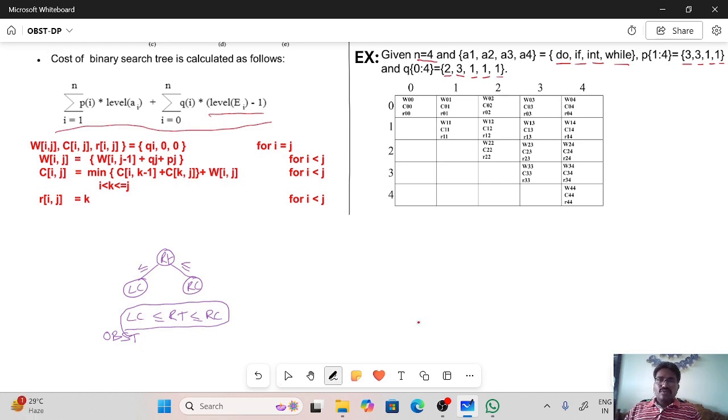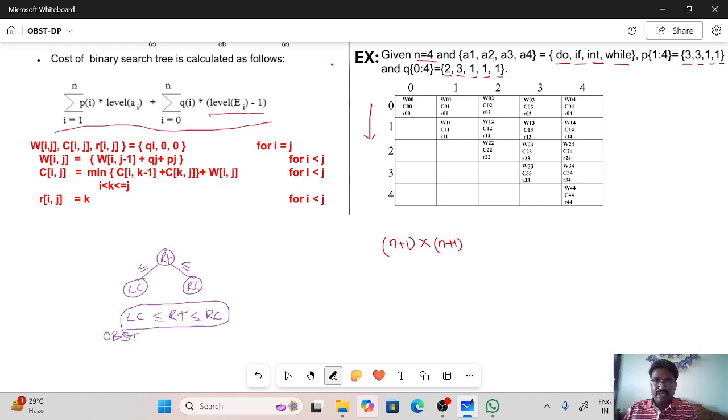Now we are going to use the tabular method. So my table size is number of elements plus 1 rows by number of elements plus 1 columns, and my initial case is I am going to maintain the row index as well as the column index.